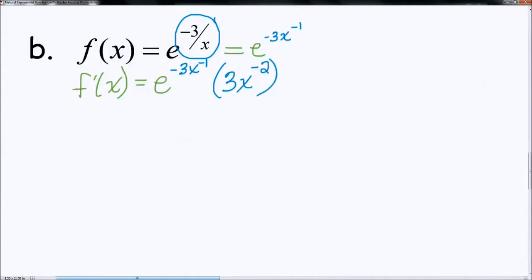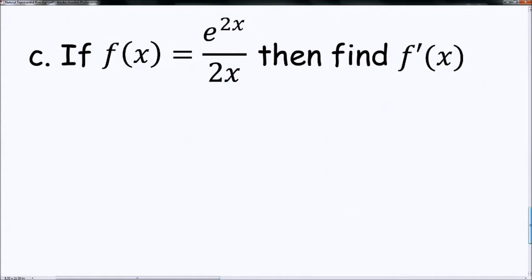C, if f of x is equal to e to the 2x, and that whole quantity is divided by 2x, then find f prime of x. Since I'm dividing, I have the quotient rule. Here's my high, here's my low, but I have an e function, so I have to rewrite my function and take the derivative of my exponent. My derivative is going to be equal to low times the derivative of my high.